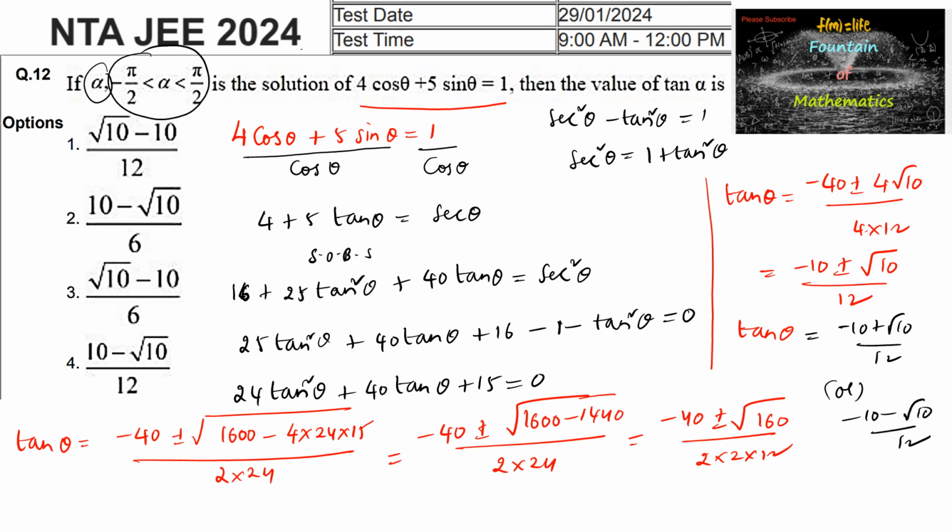So we can see that this option is satisfying, root 10 minus 10 upon 12. So tan theta, where alpha is a solution, we can write tan alpha is also equal to root 10 minus 10 upon 12, which is option A.